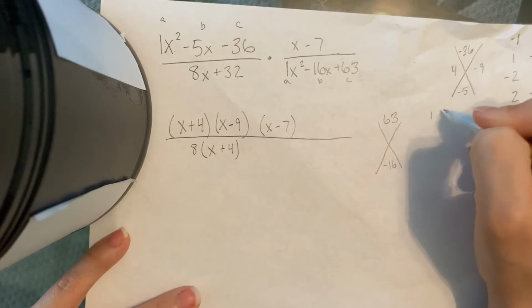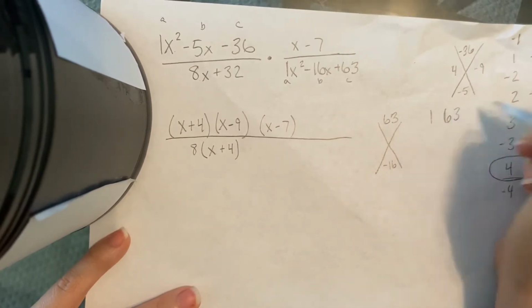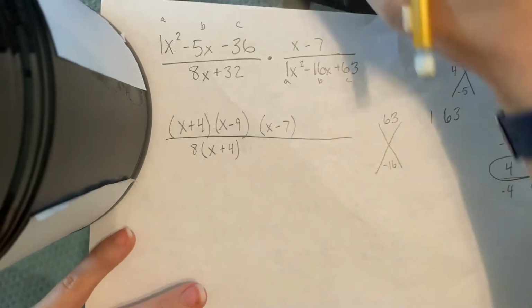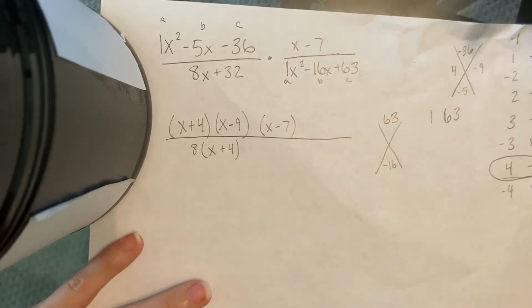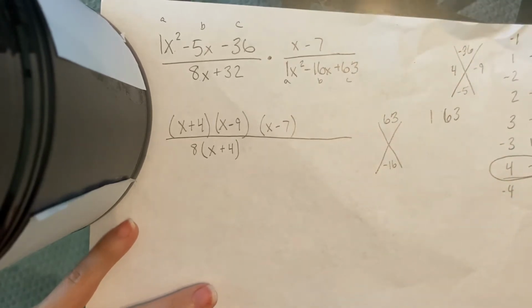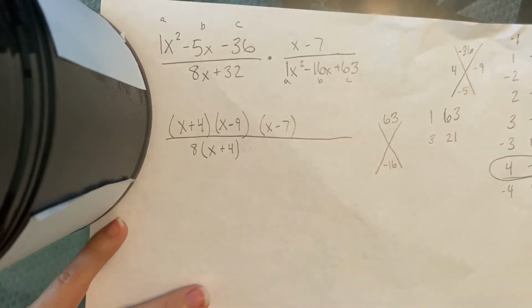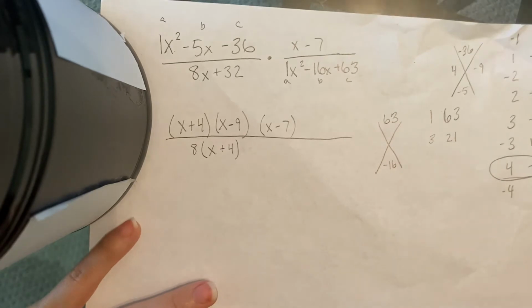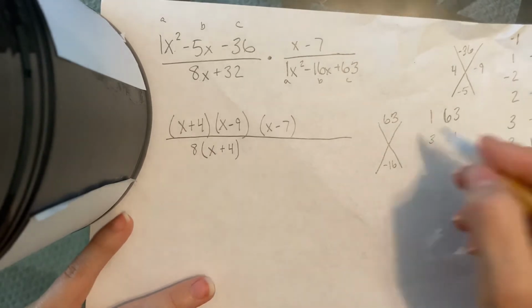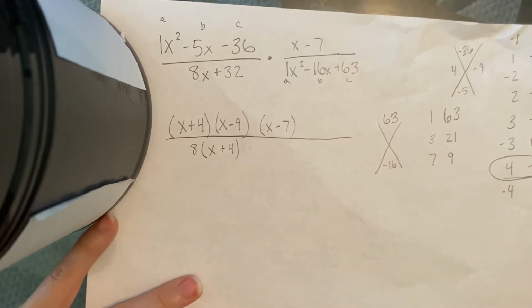So I'm going to list out all my pairs. 1 and 63. 2 doesn't work. 63 divided by 3. So then we can have 3 and 21. 7 and 9 is the next pair. And that is actually all of the pairs.